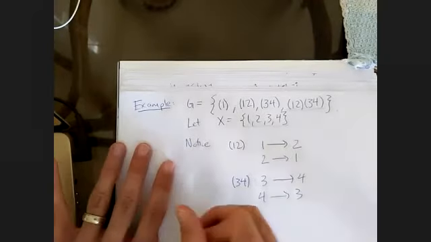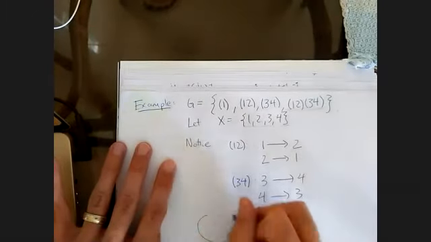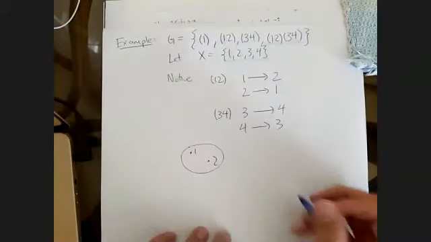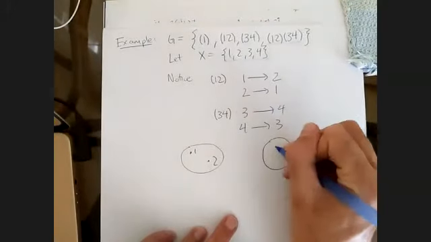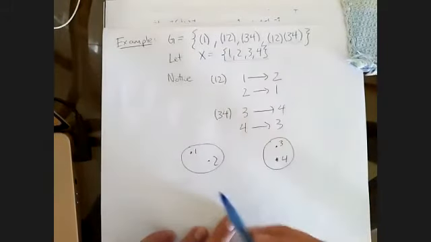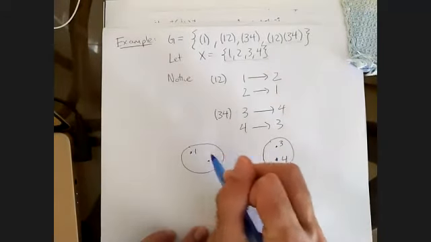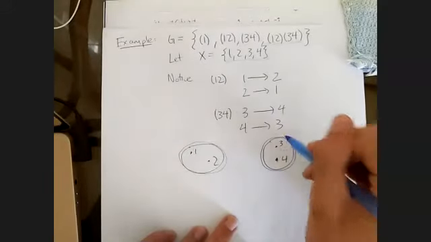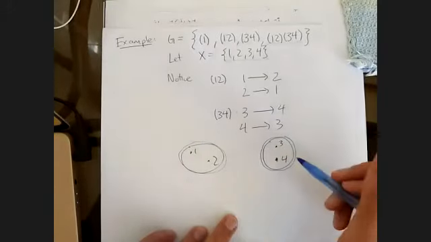Okay, so here's my picture. Oh, I need to move this up. So when G acts on this set {1, 2, 3, 4}, it kind of leaves these 2 areas separate. You never jump from one to the other.